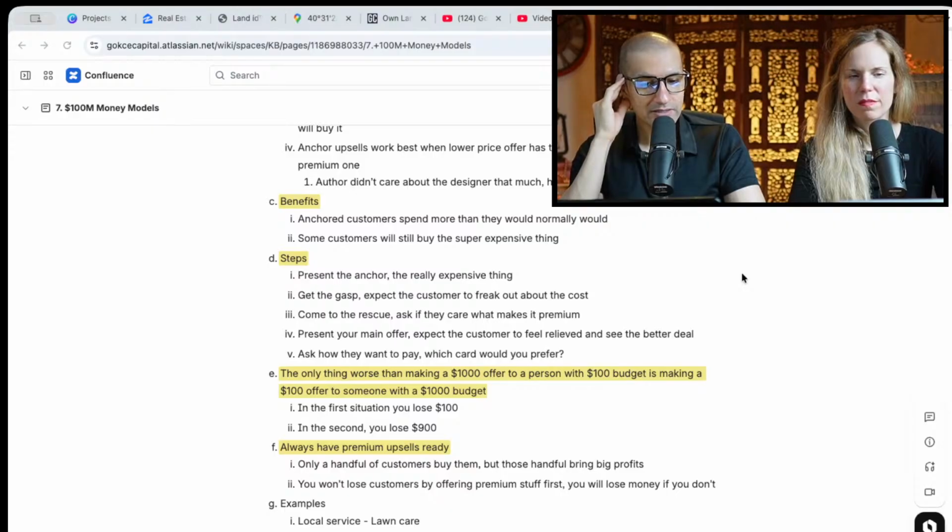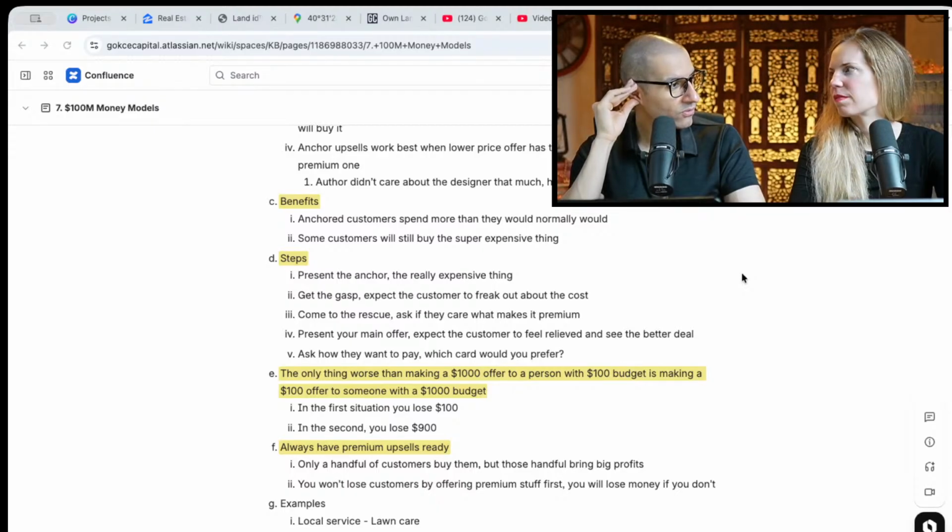If you're somehow anchored, you end up spending more than what you budgeted. That's the idea.